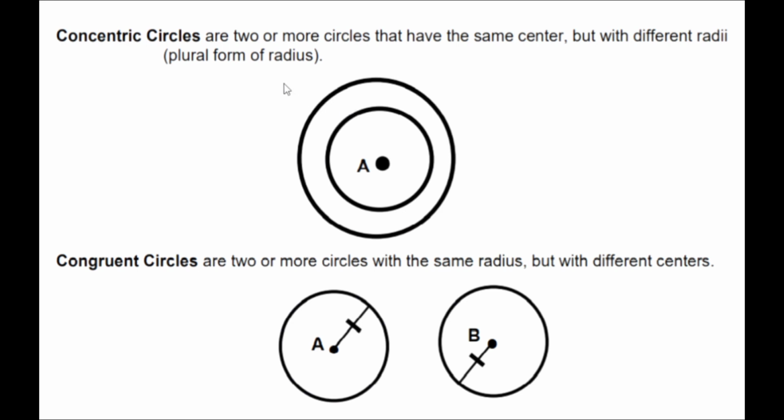So in this figure, as you can see, we have two circles but only one center, which is point A. So the measure of the radius of the smaller circle is less than the measure of the radius of the larger circle. There are two circles that have the same center, center A, but with different radii.